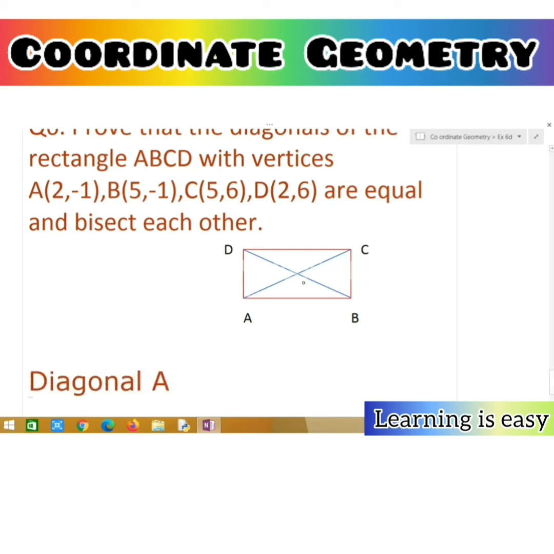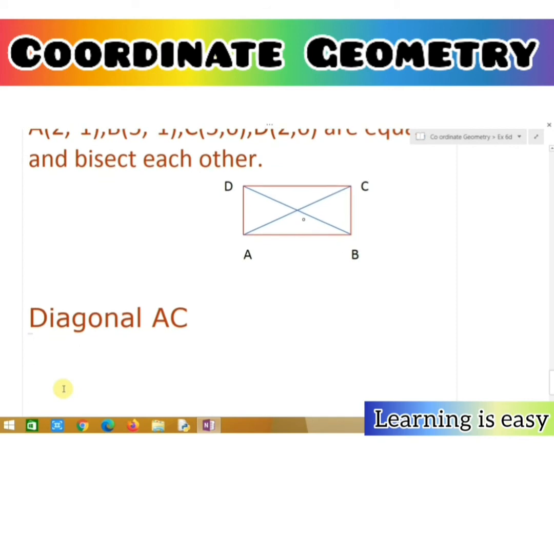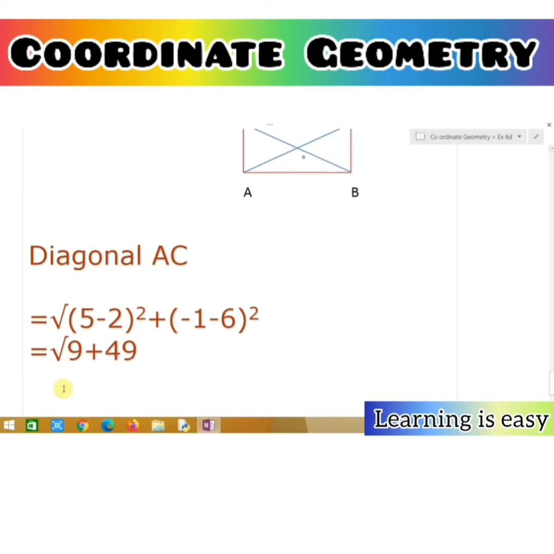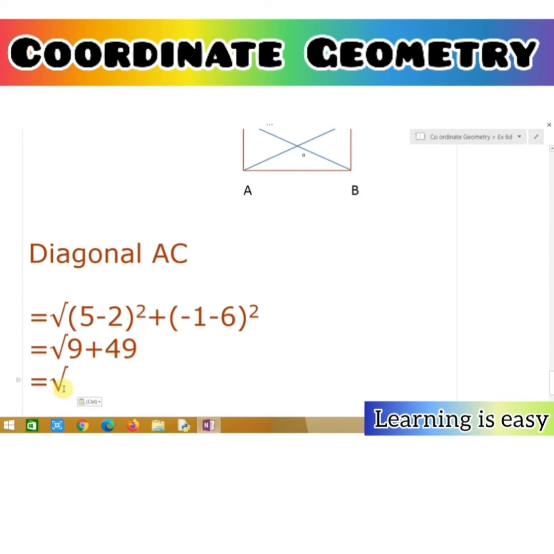So diagonal AC is equal to square root of (5 minus 2) whole square plus (minus 1 minus 6) whole square. So that's going to be 5 minus 2 is 3 square, that's 9, plus minus 7 whole square is 49, so 9 plus 49. That's going to be square root of 58.